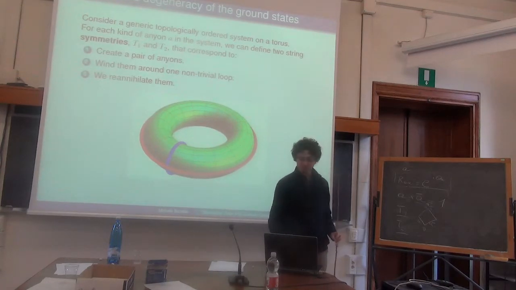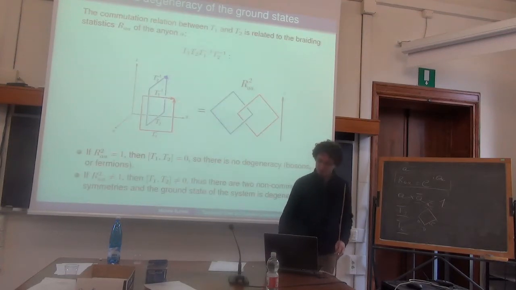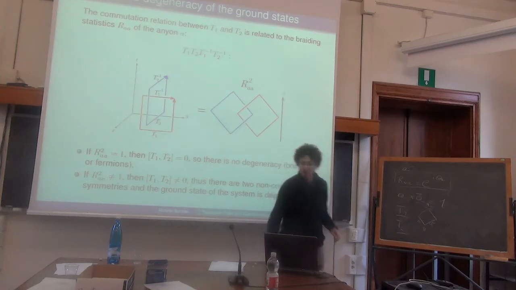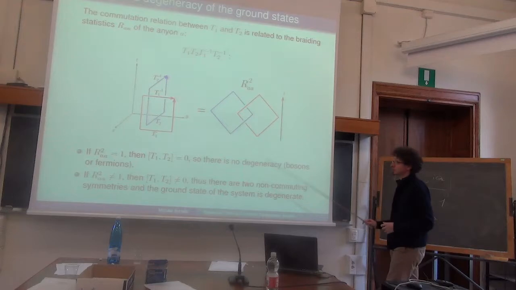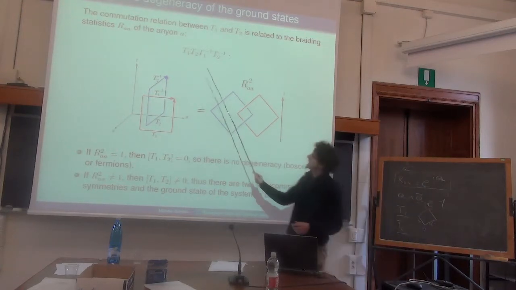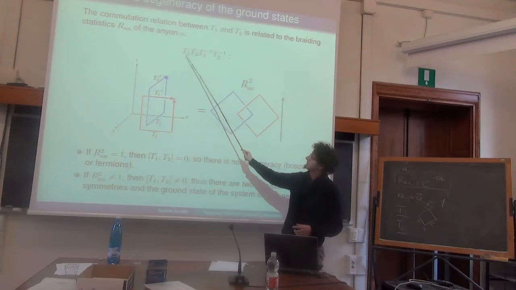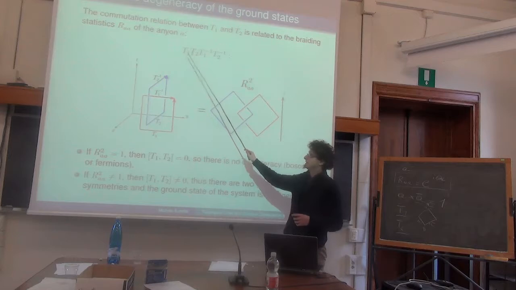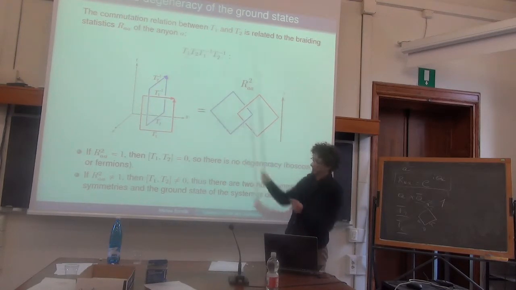And the interesting thing is that now T1 and T2 do not commute anymore. And to see this, we must consider what I also brought yesterday about D and M in the toric code, which means that essentially I have to consider this operator. So I create and annihilate a pair of A and anti-A particles along one of the cycles.